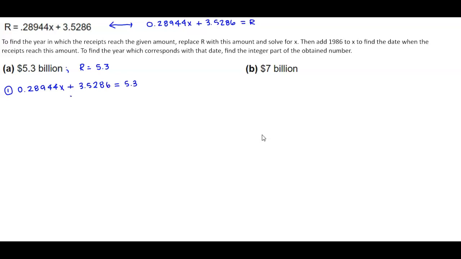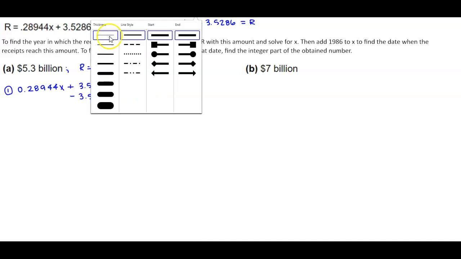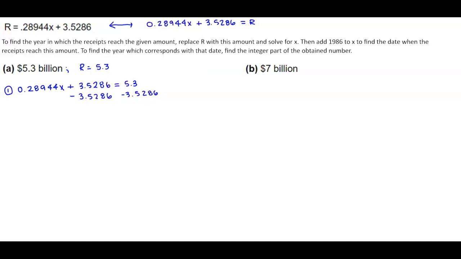So in order to solve for x, we're going to subtract 3.5286 from both sides. Keep in mind that if you do this by hand, you've got to add zeros here to that side.